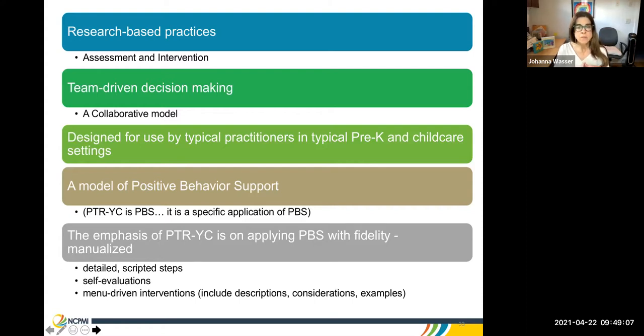And then it truly is designed for the teachers and the regular education staff to implement. So we are really trying to create a system so everyone could have supports within their environments, whether community-based or school district-based, whether you have access to a BCBA or you do not have access to a BCBA.